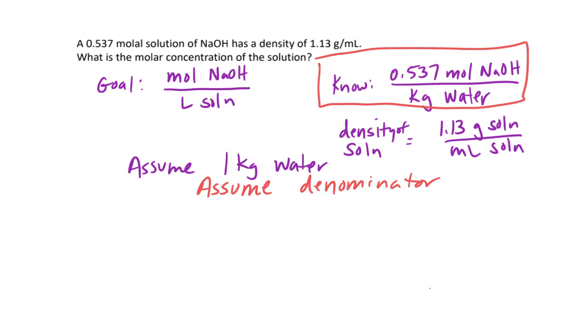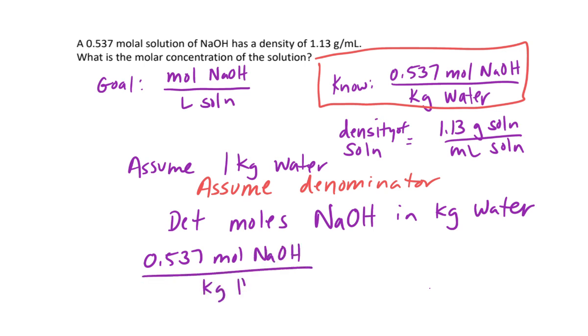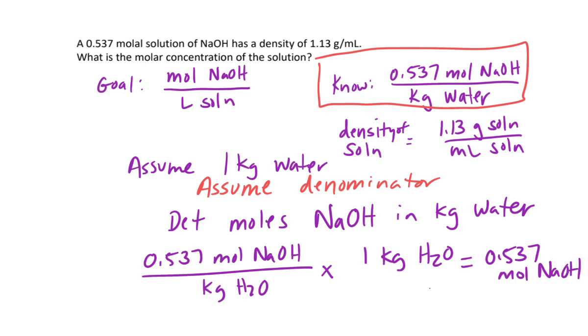Okay, so if we assume we have 1 kilogram of water, we can then determine the moles of NaOH in 1 kilogram of water. And essentially we're just saying we have 0.537 moles of NaOH, because we're saying we have 1 kilogram of water.